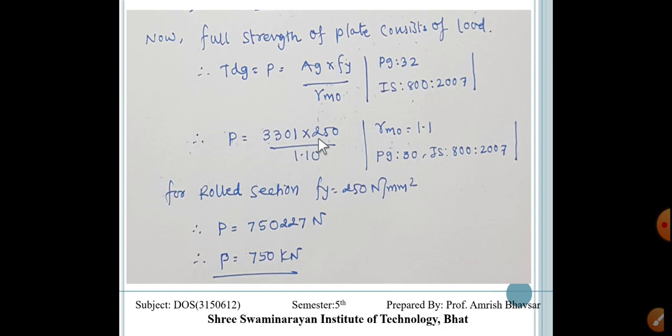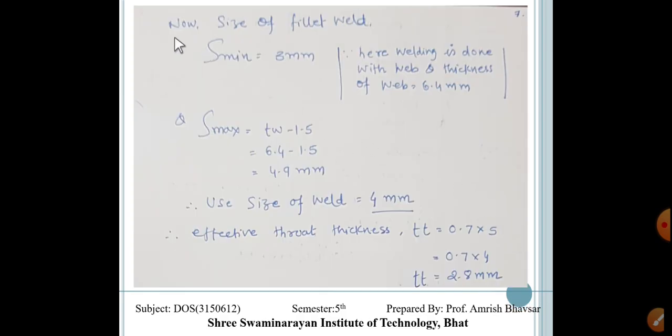After getting this force, we have to find the length of weld. But for that, as we discussed earlier, we have to find the throat thickness and FWD. So now for the size of fillet weld, we must find S minimum and S maximum.